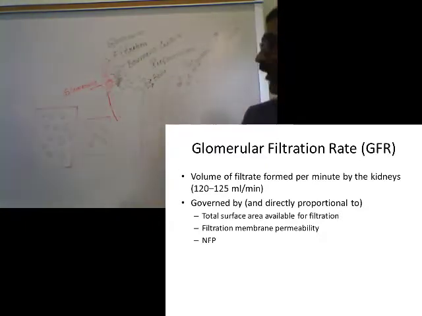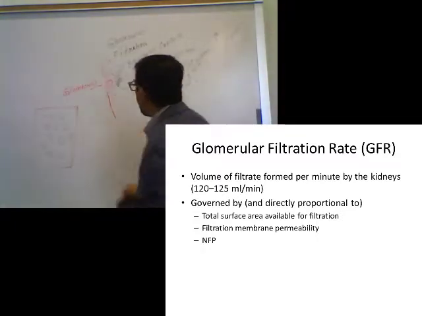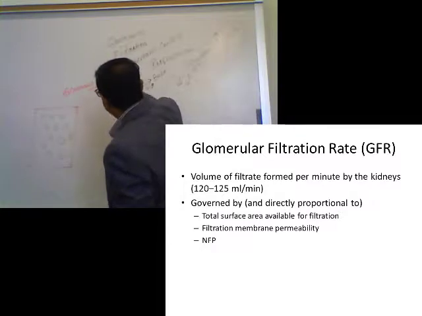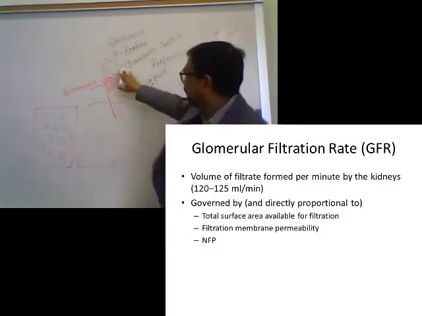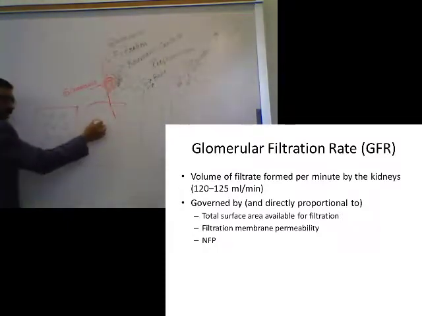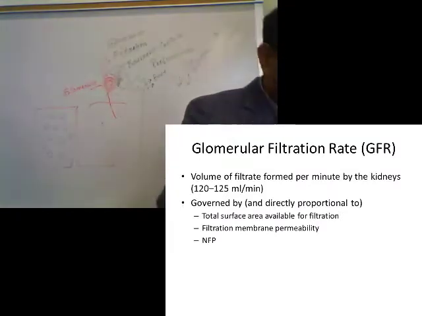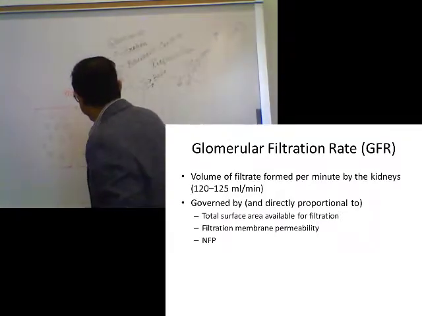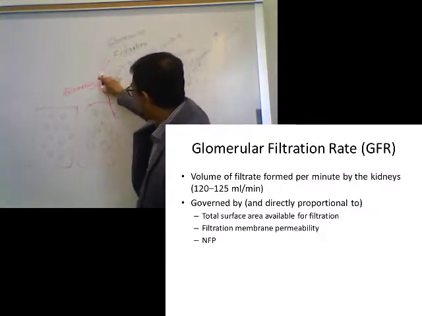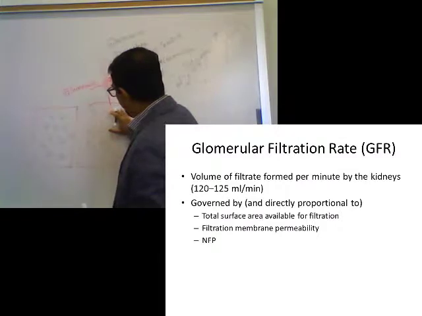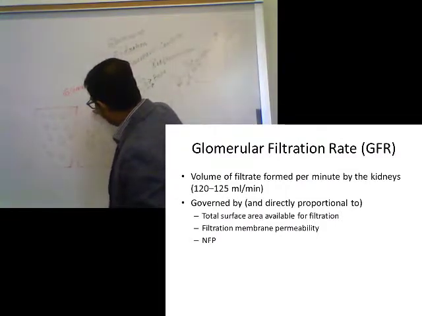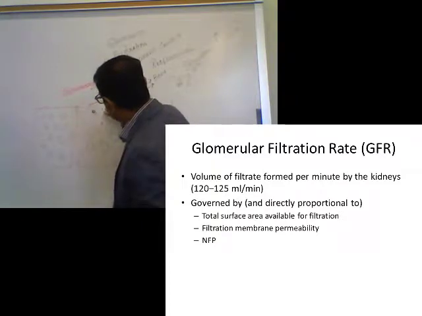Permeability of filtration membrane. Now think that the surface area in both is the same, but in this case this person got a disease, for example infection, chronic infection. So although the size of the glomerulus is the same in both cases, since this person got chronic infection, many of these pores got closed.